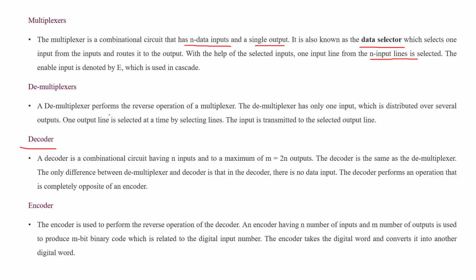A demultiplexer performs the reverse operation of a multiplexer. The demultiplexer has only one input, which is distributed over several outputs. A decoder is a combinational circuit with n inputs and a maximum of m equal to 2 power n outputs. Like this, an encoder is the opposite of a decoder.